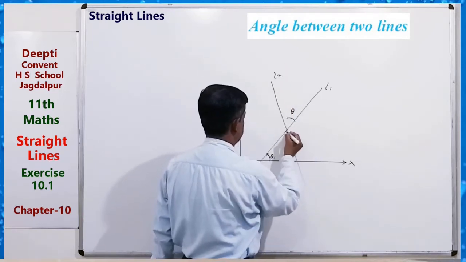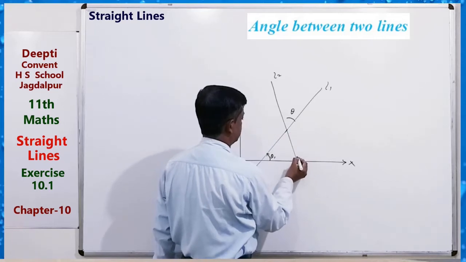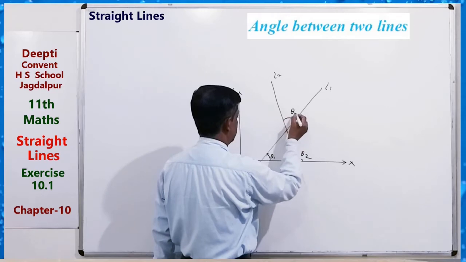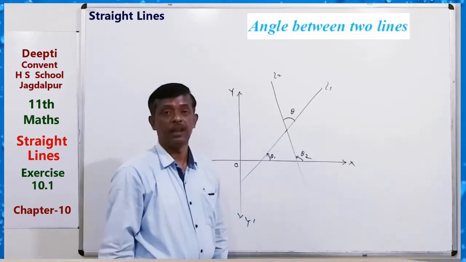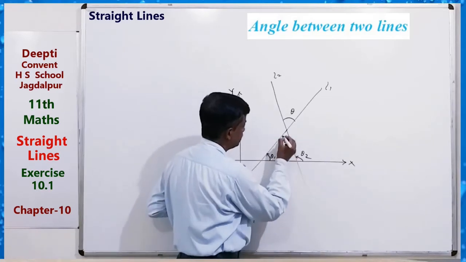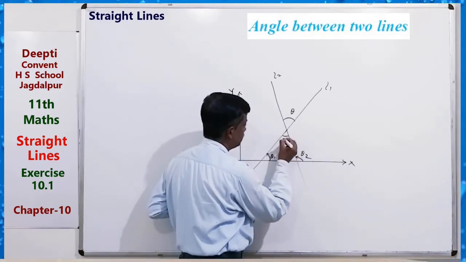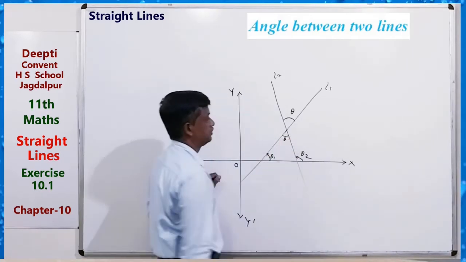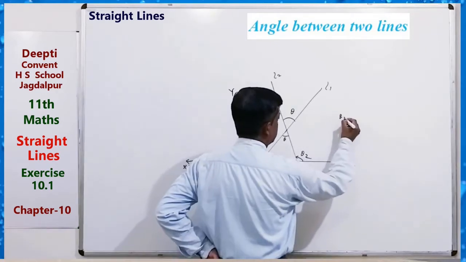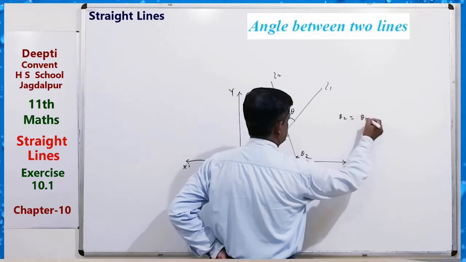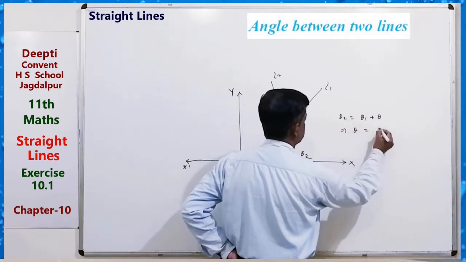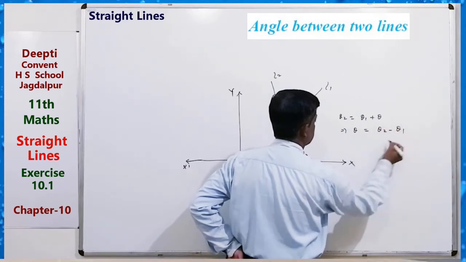Okay, this is theta 2 and theta is the angle between the two lines. Clear? That is this theta, the angle between two lines. Now here theta 2 equals theta 1 plus theta. So theta equals theta 2 minus theta 1.